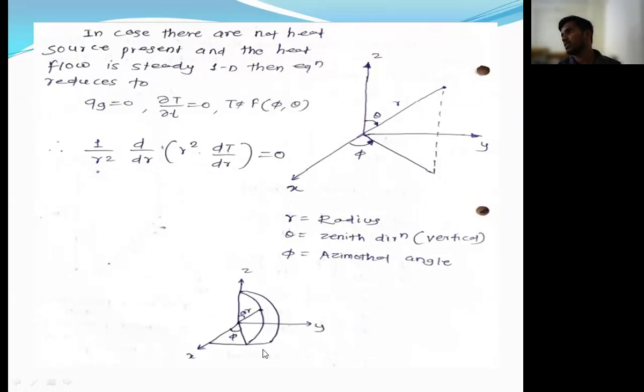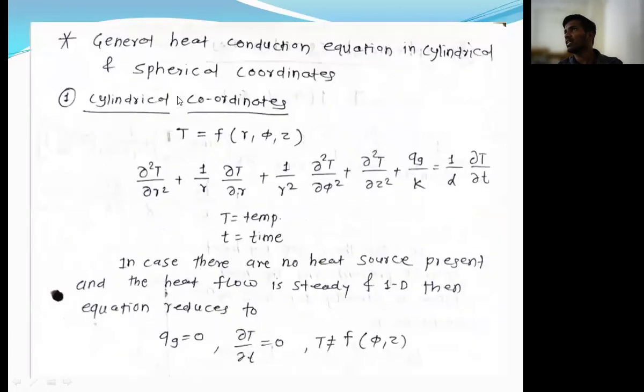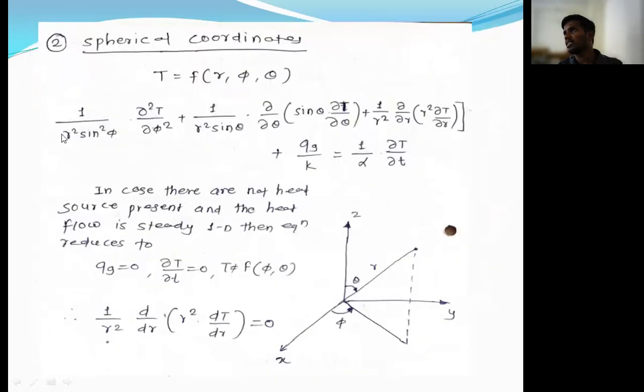Okay, you can understand from this diagram. The radius of the spherical coordinate or sphere is r. The angle made with the vertical component is theta, and the angle made with the horizontal is nothing but phi. Okay, so these are the equations for the general heat conduction equation in cylindrical and spherical coordinates. This is the general heat conduction equation for the cylindrical coordinate system, and this is the general heat conduction equation for the spherical coordinate system.